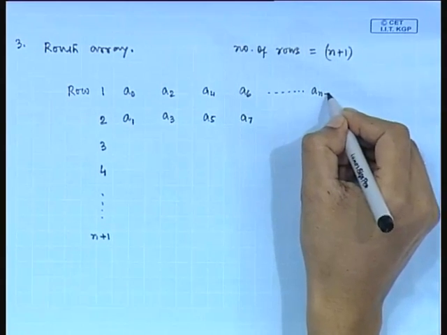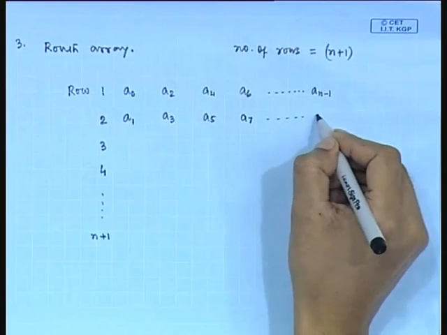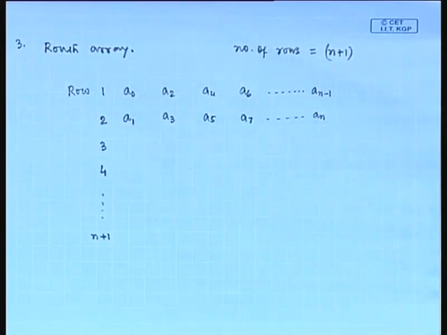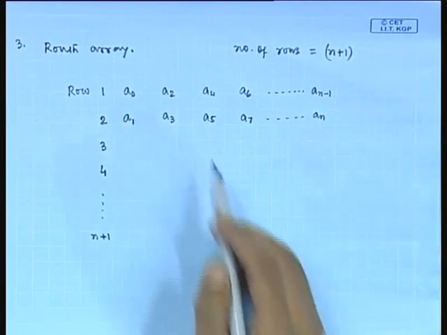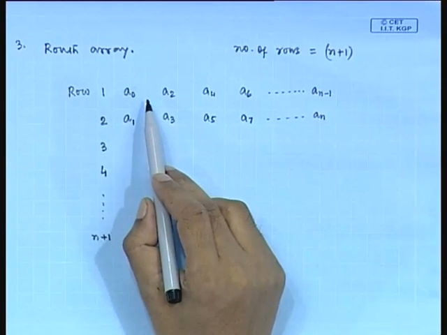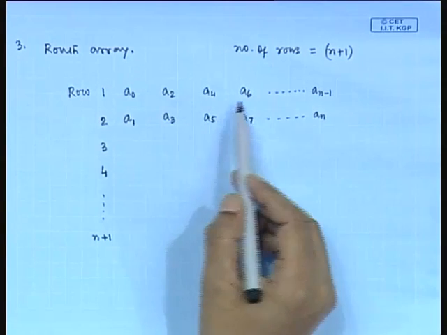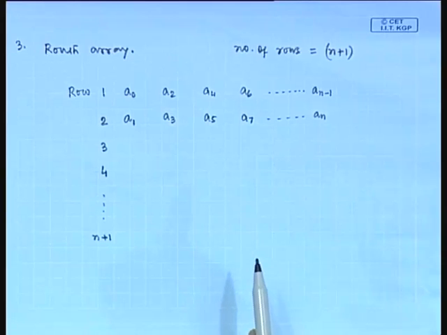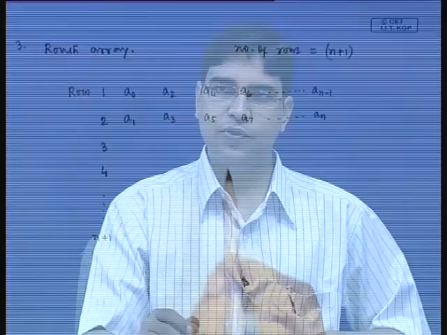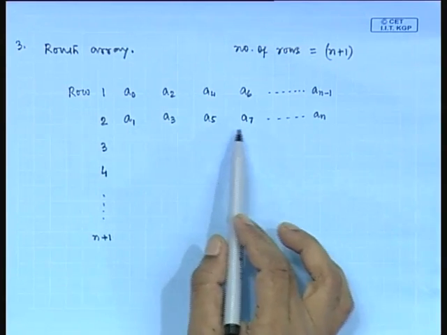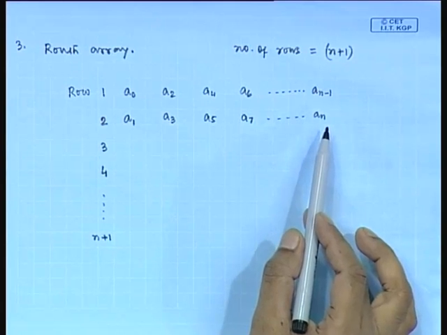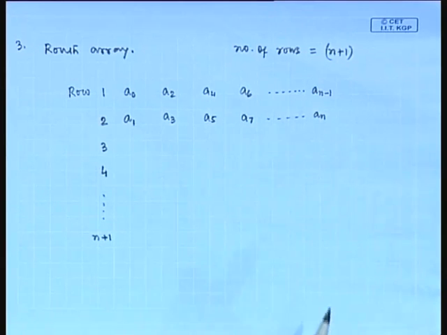Last ones will be an minus 1 and an. So, the elements of the first row include a0, a2, a4, a6 to an minus 1. The second row includes a1, a3, a5, a7 to an. So, this is the way we need to write all the coefficients in first row and second row.